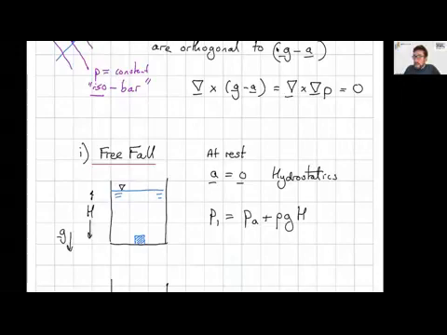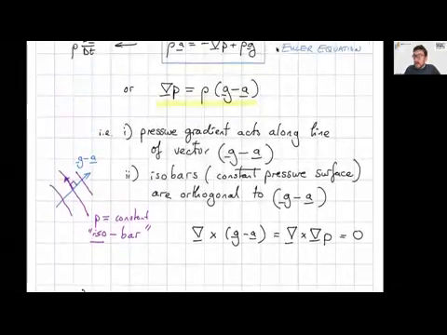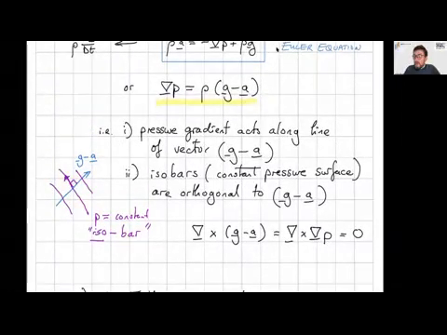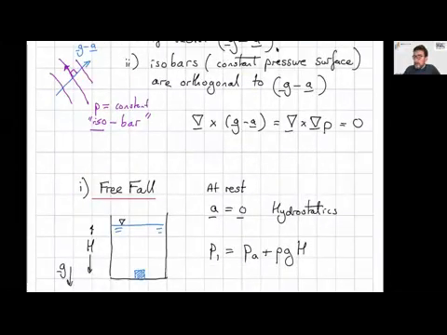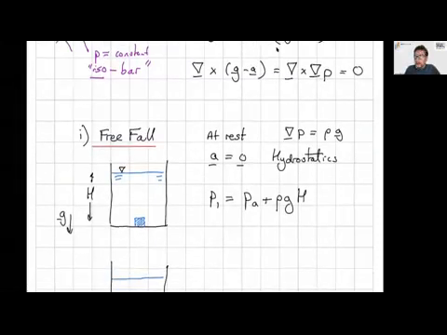And then we know from hydrostatics that if we take our Euler equation, if acceleration is equal to zero, then we're just going to balance these terms. And so we'll end up getting that grad p is equal to rho g. And so the expression for the pressure variation in this beaker of water, we've already worked out before.